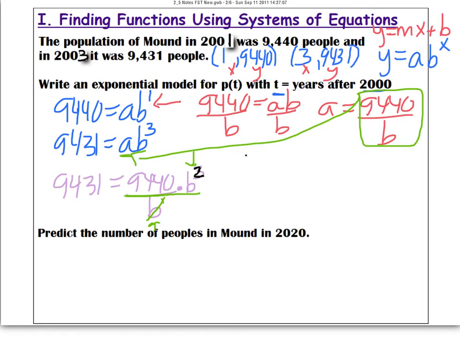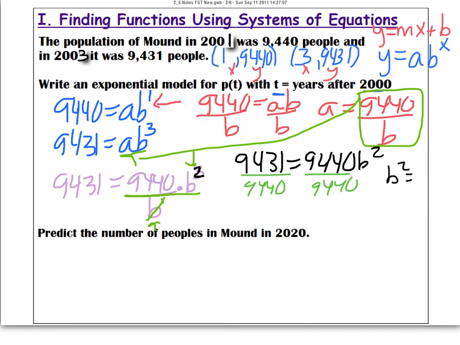Well, how would you take this equation and actually solve for b? What you would do is to get b squared by itself, so I'm going to divide by the 9440 on both sides. When you do that, we're going to find that b squared is going to be equal to the value of 0.999.